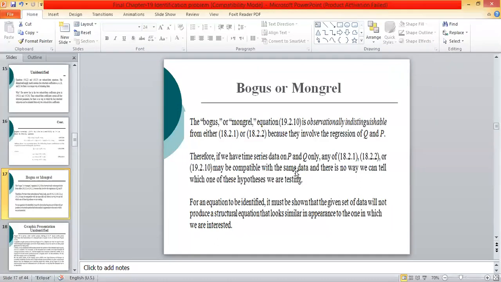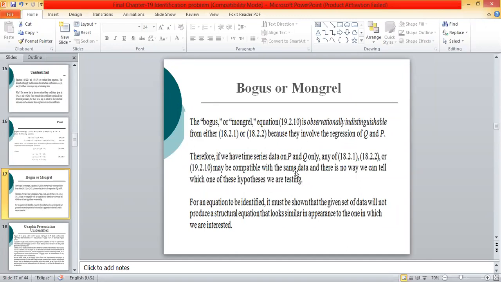Both these equations are indistinguishable from the bogus equation, because they appear the same as the bogus equation. So we have to make the comparison in terms of variables, not in terms of parameters.